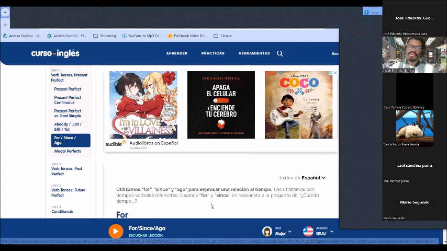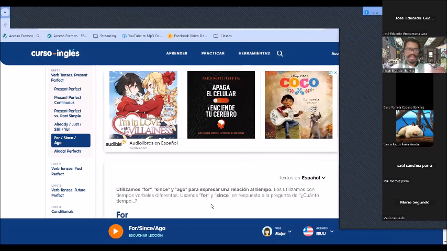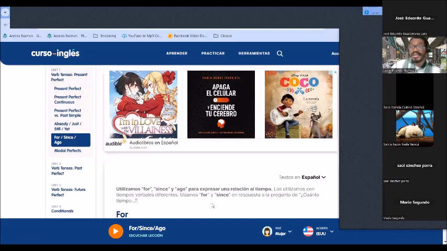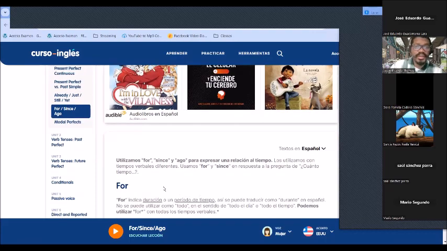But since we've been doing other expressions like passive voice with present perfect, conditional sentences, etc., we need to know more time expressions. Right? So since we started this class, only 3 people have put their names in the chat. Since.